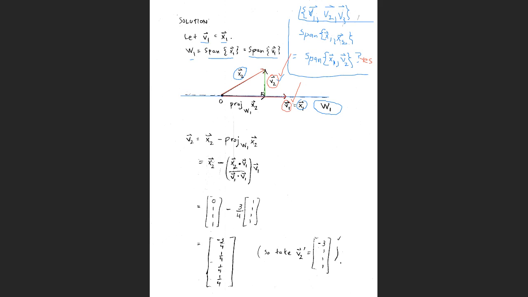Hold on, wait. Question here. The span of the vectors v1 and v2 is equivalent to the span of the vectors x1 and x2. That's what I meant.